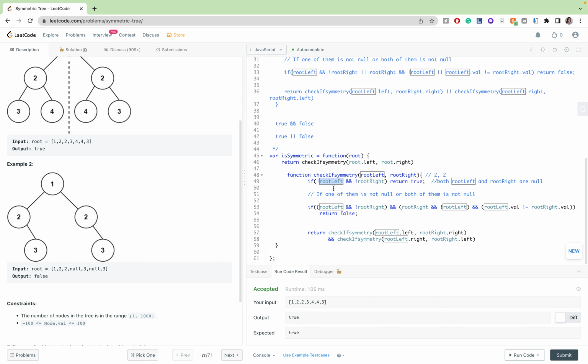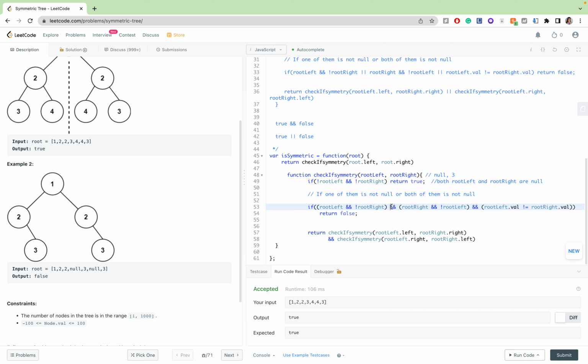So yeah, and for this one, if 2's left is null and 2's right is 3, then in this case this one would do, right? So there is right, but there is no null, so this would return true. Yeah, this would return true.